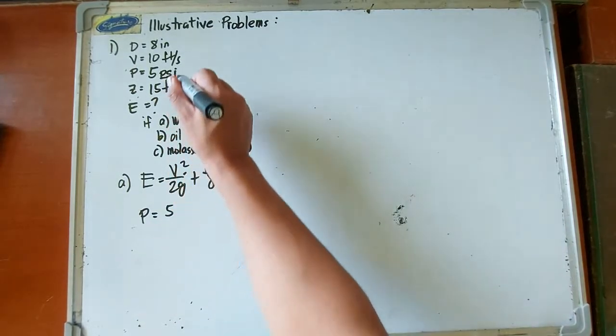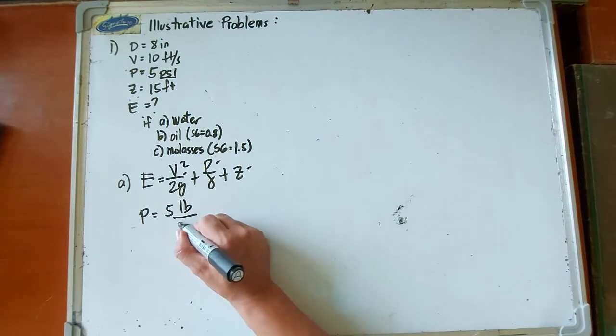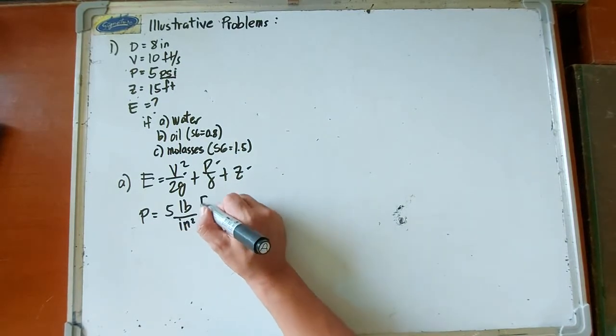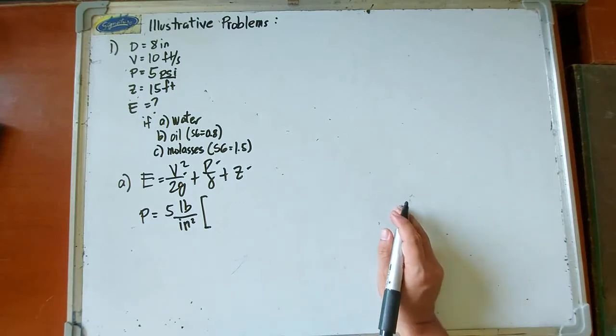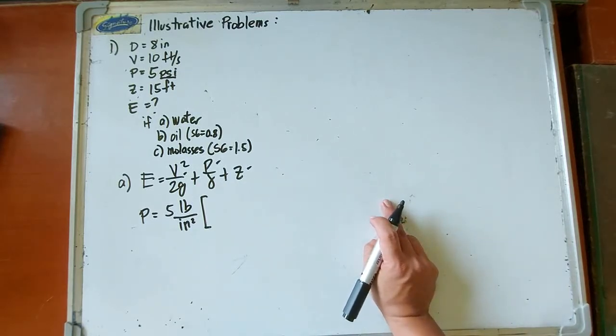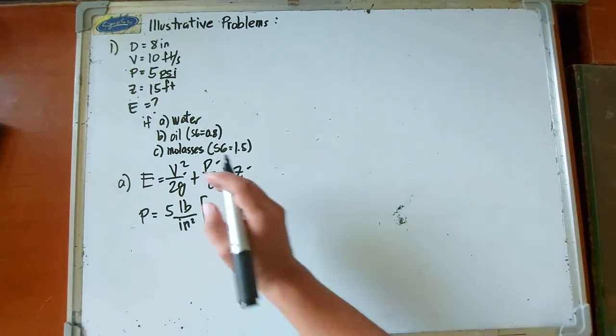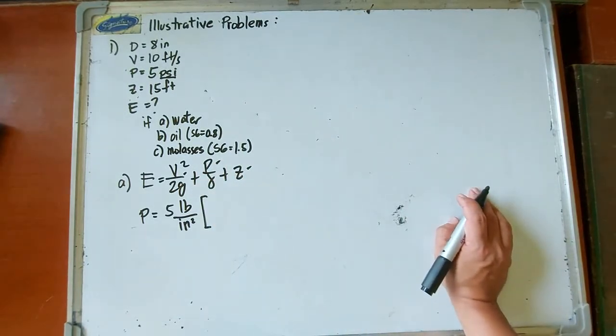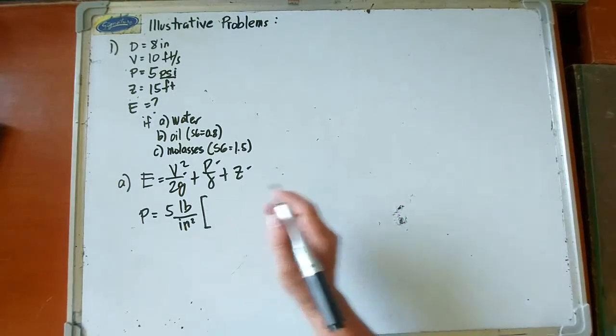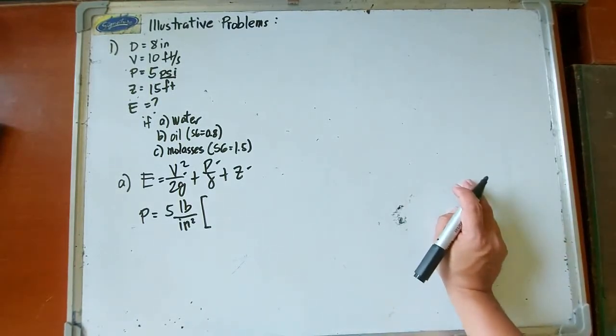So this is psi, that's pounds per square inch. Convert it to psf, pounds per square foot, to be uniform with the units of the rest of the terms in our equation. Okay, so how many inches in 1 foot?